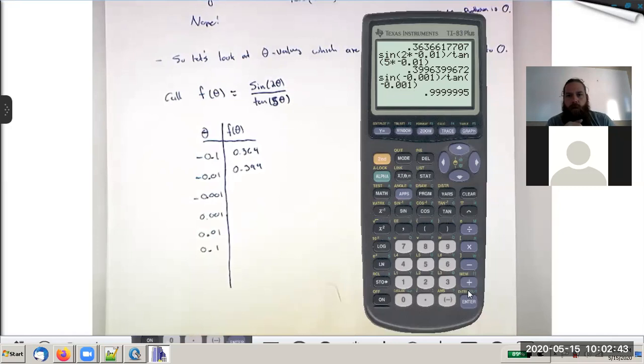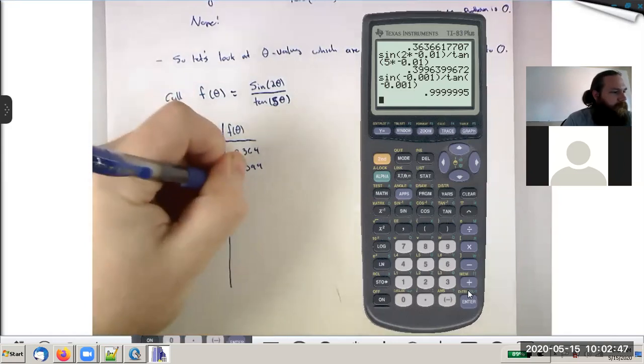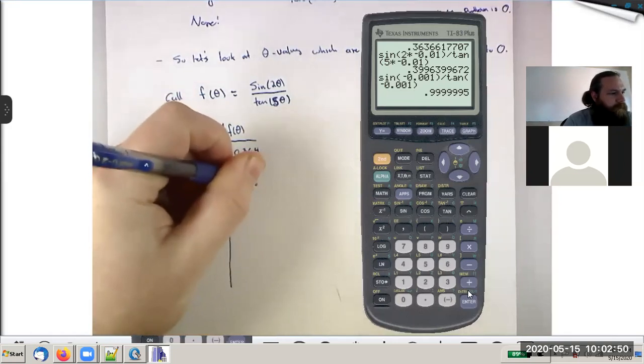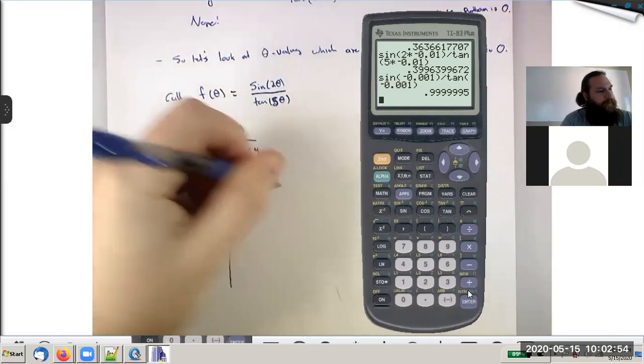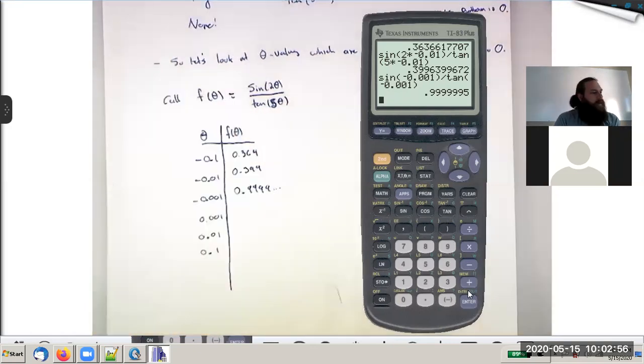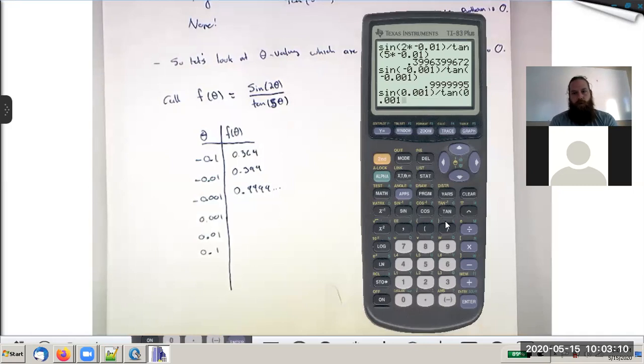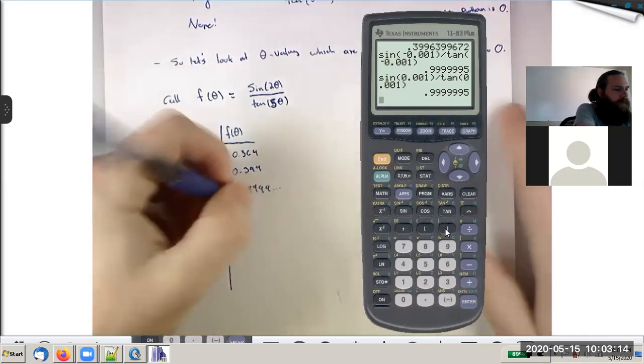Yeah, just straight up 0.999999. Okay, well, let's look at 0.001. So that's going to be the sine of 0.001 divided by the tangent of 0.001. And this is also that 0.99.